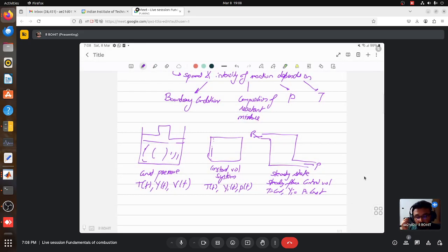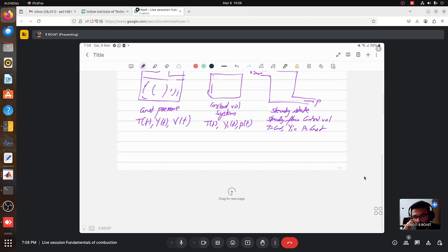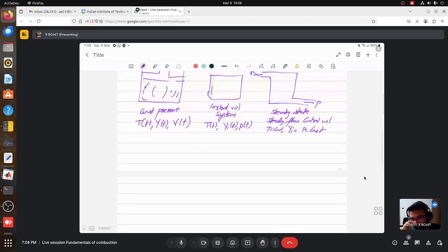Then you were introduced to one more terminology called auto-ignition. By the term you can see that an ignition is happening by itself.